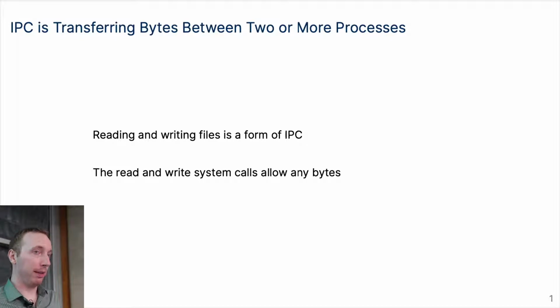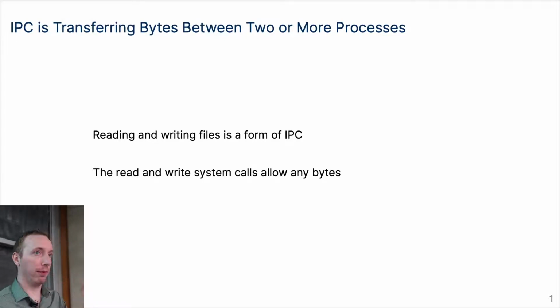You can think of IPC at the most basic level as just transferring bytes between two processes. In computing, we're just transferring numbers between each other and giving meaning to them just because we want to. At the most basic level, that's all computing is. So reading and writing files is even a form of IPC, which you've all done before, right?